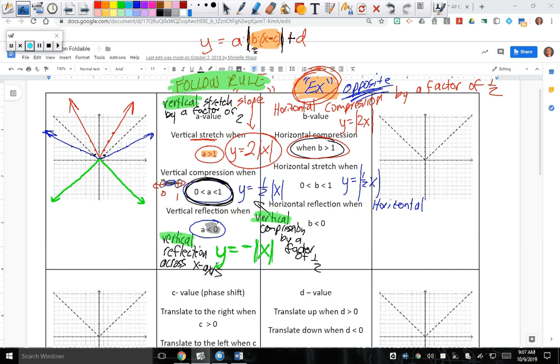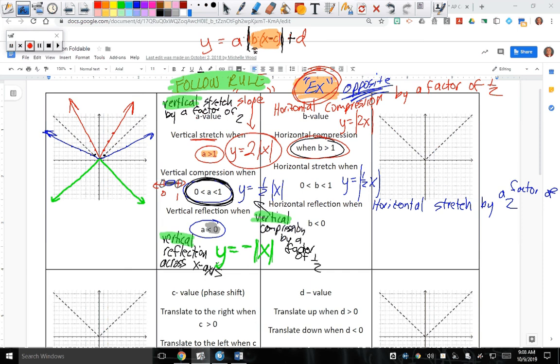At first glance, that 1/2 looks like it's going to be a compression. But we're with the x, so you're going to do the opposite. So it's a horizontal stretch by 2. And you could say 2 over 1. Horizontal stretch by a factor of 2. Okay?